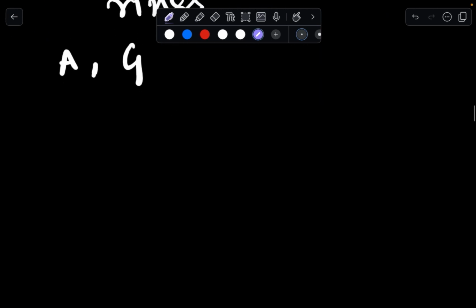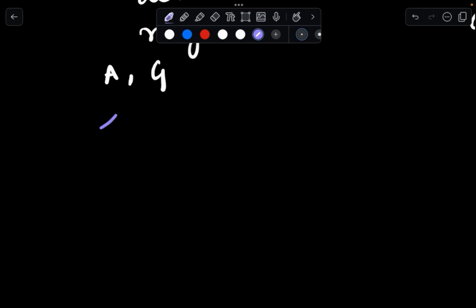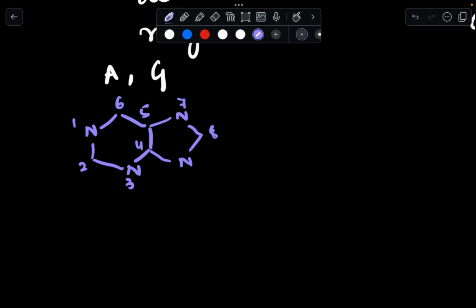The general structure for purine is like this. Start from here: 1, 2, 3, 4, 5, 6, 7, 8, 9.